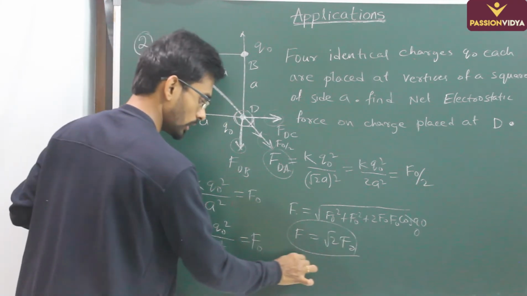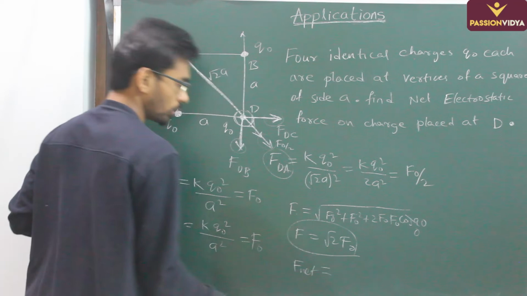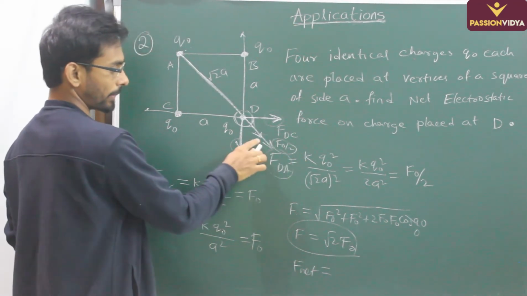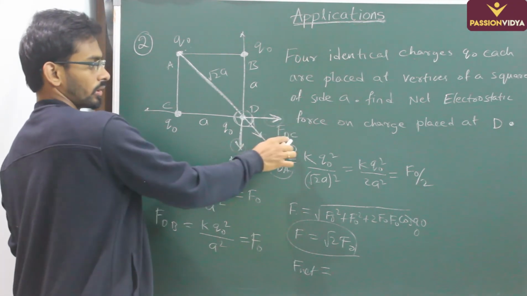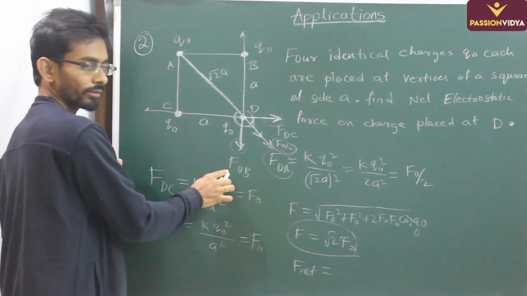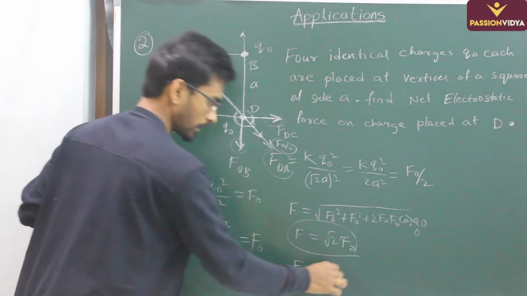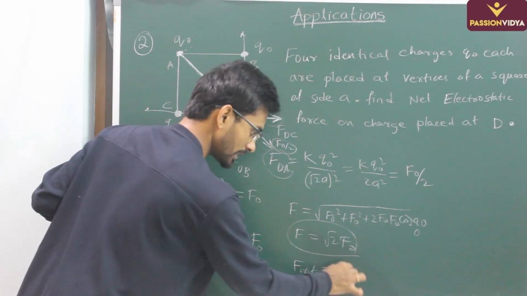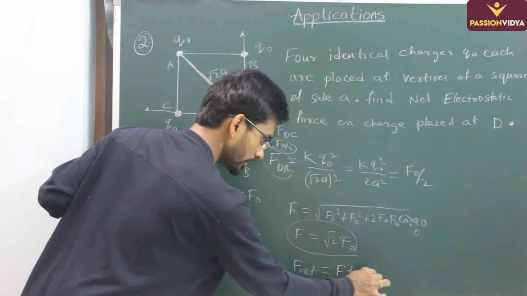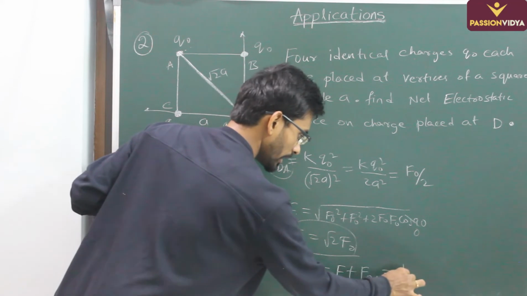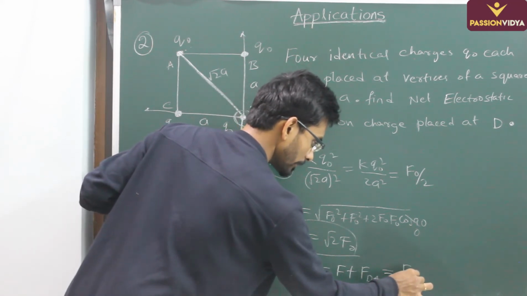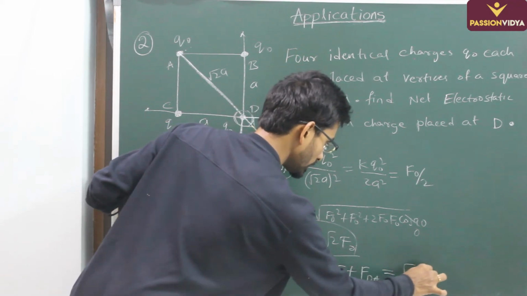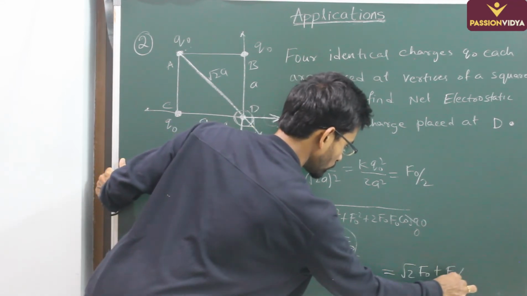Now the net force will be equal to the force on D due to A, that is F naught by 2, plus the resultant of force on D due to C and force on D due to B. So it will be root 2 F naught plus F naught by 2.